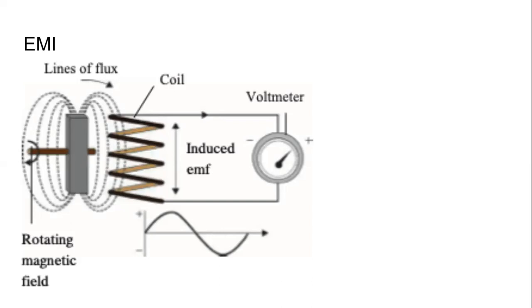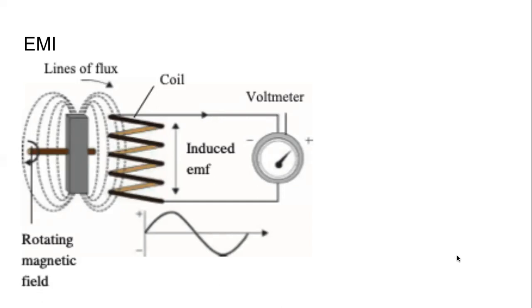Look here in this picture, the magnet is being rotated. Can you see on the left hand side? Look at the diagram and tell me what is the direction of the rotation. Is it clockwise or anti-clockwise? So there is a bar magnet which is being rotated, and there is a coil.